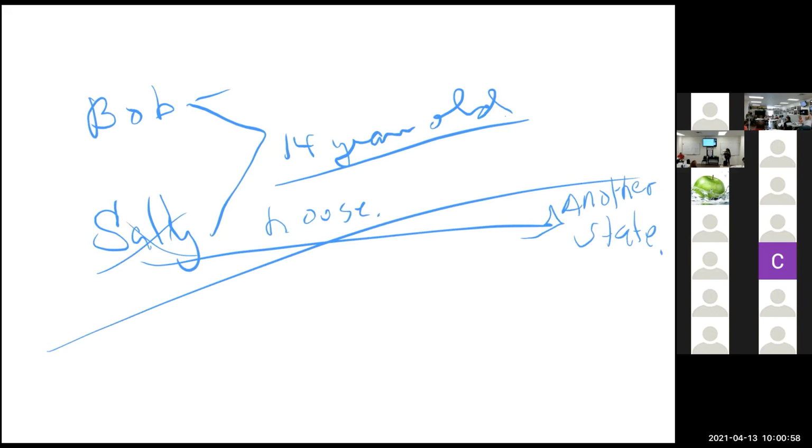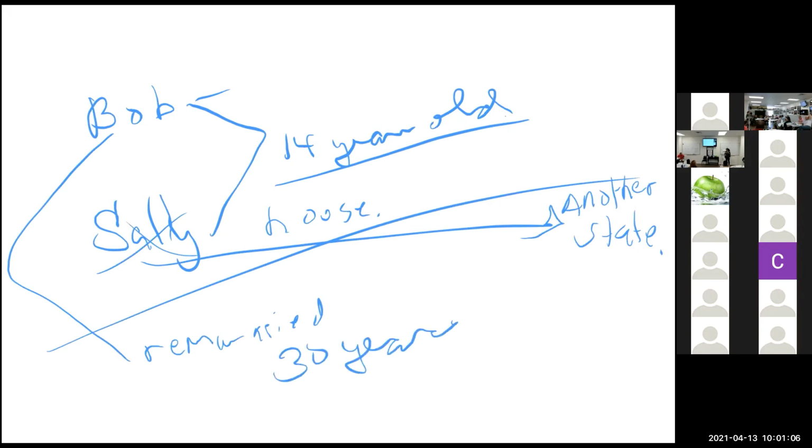Bob got remarried, and he's been married to his second wife for 30 years. They live in that little house that Bob and Sally originally bought together. One day Bob passed away. Who owns that house? Sally. The first wife is going to own it. So that's one of the scenarios you might see.